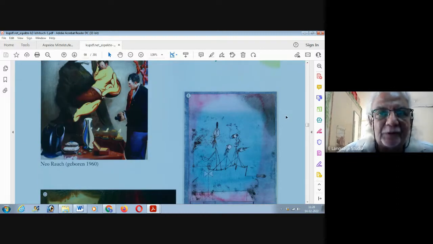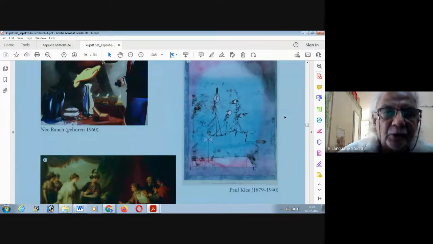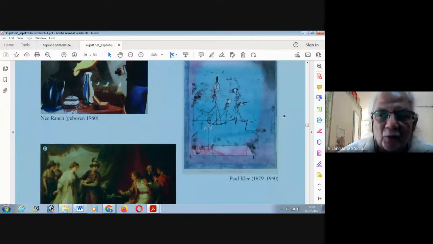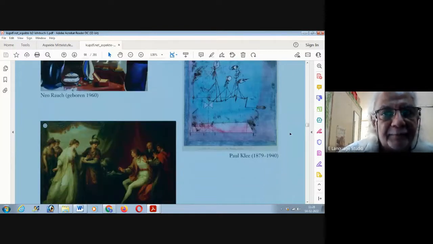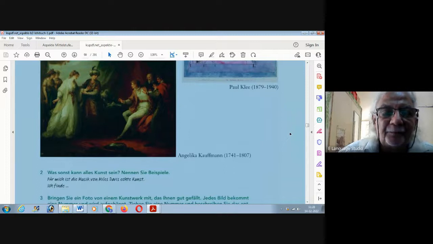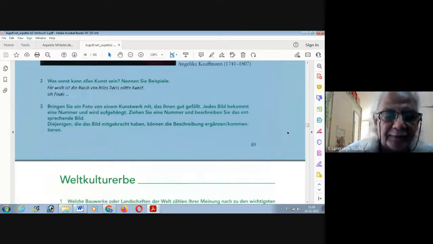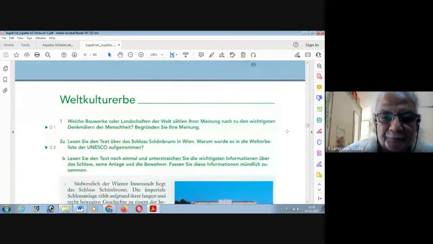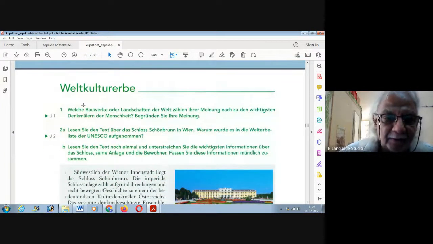So, Kunst spielt eine sehr, sehr große Rolle im europäischen Leben. Dramen, Bühnenstücke, die sind auch sehr, sehr beliebt. Und es gibt auch Bauwerke. Was ist ein Bauwerk?